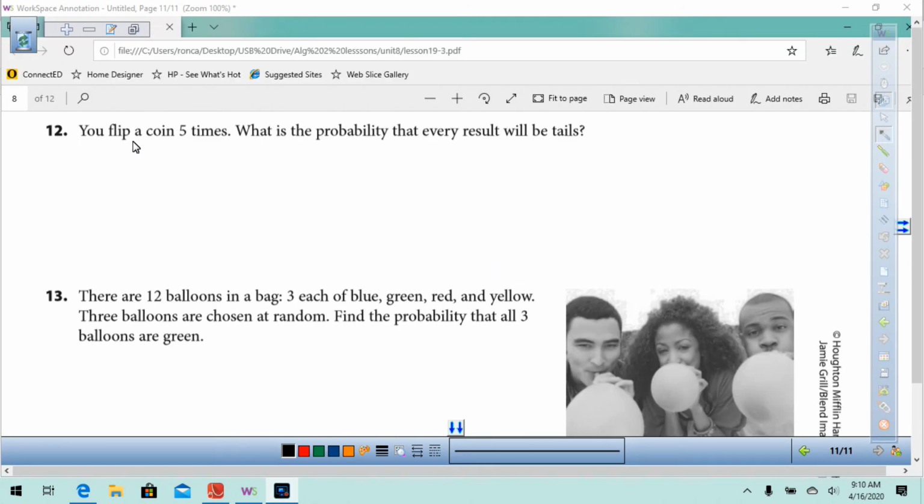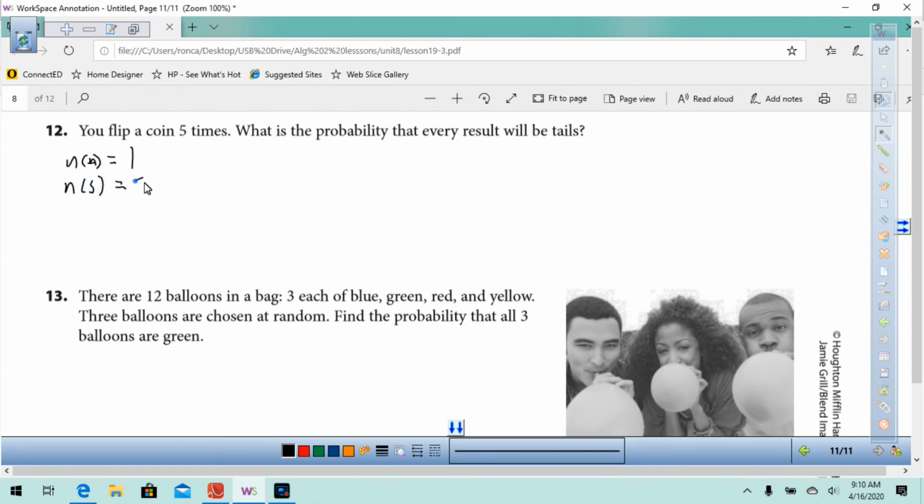All right, number 12. You flip a coin 5 times. What is the probability that every result will be tails? So, how many ways can you get tails every single time? N of A, that would be just one, right? Only one. What's the sample space?